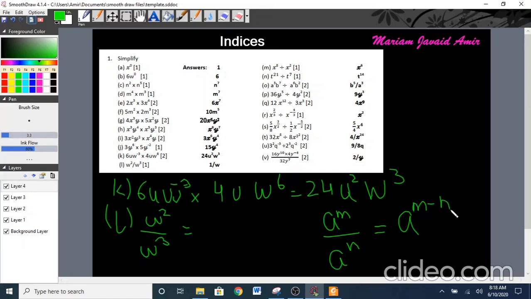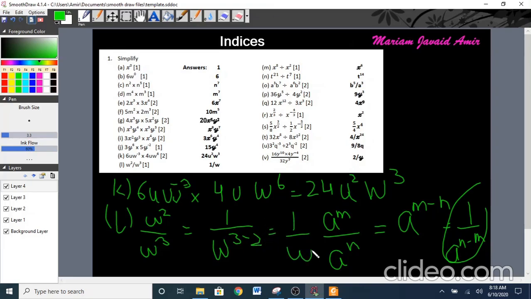And even this can be written as 1 over a power n minus m. So if I'm using this, I'll write 1 over w cubed. I haven't moved this power and I'm bringing w squared down, so it gets subtracted. So I get 1 over w.